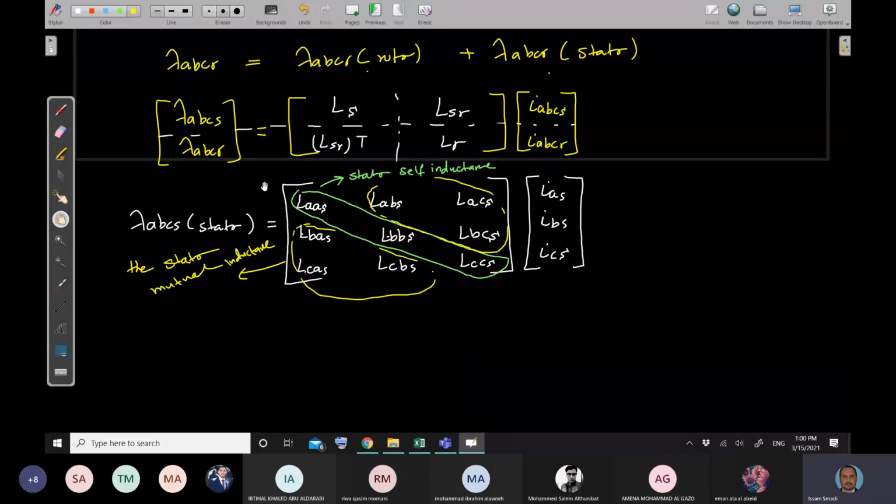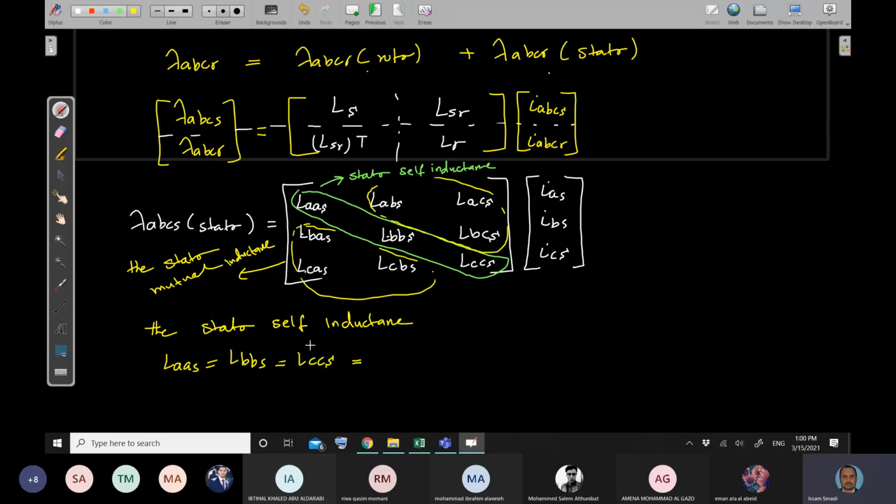Now, if I need to calculate the stator self-inductance, and because I'm assuming a symmetrical three-phase system, this means that the coils are identical. So this means that LAAS will equal LBBS will equal LCCS. Now, any self-inductance consists of two parts.